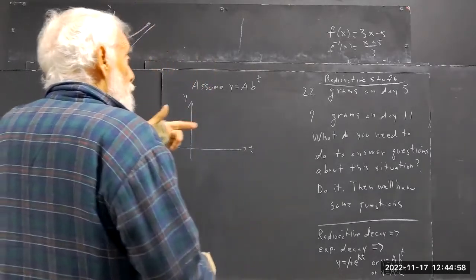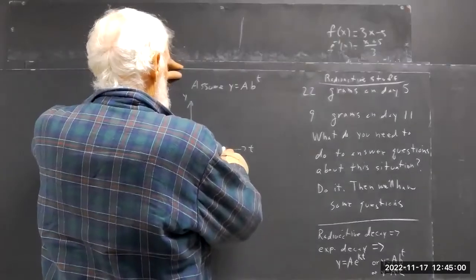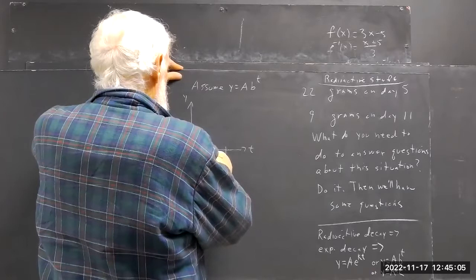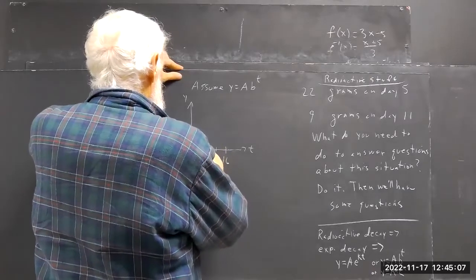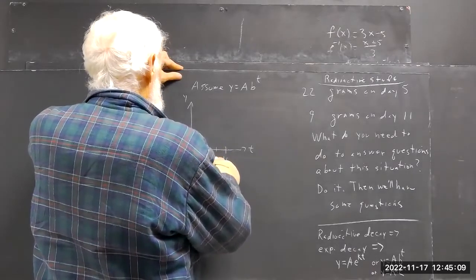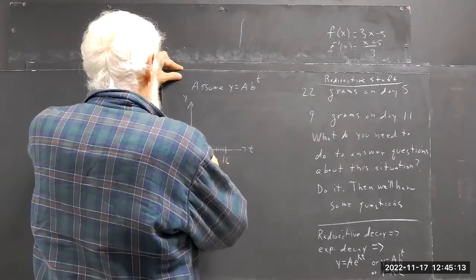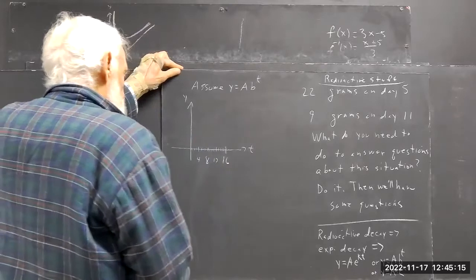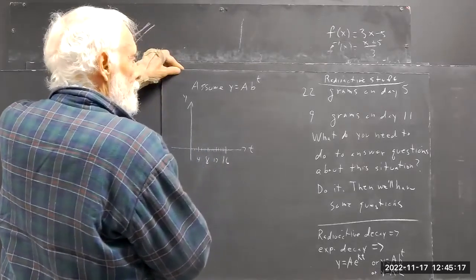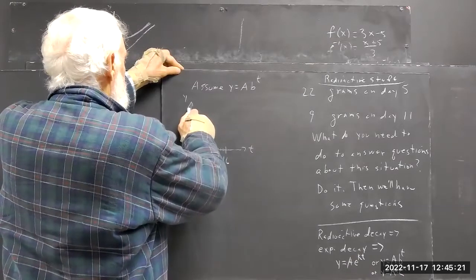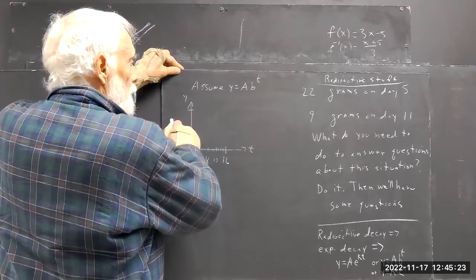So we have day 5 through day 11. So I'm going to put 16 days on my graph. So here's 8, here's 12, here's 4. And then we have individual days in there. And on my y, I go up to 22 grams.